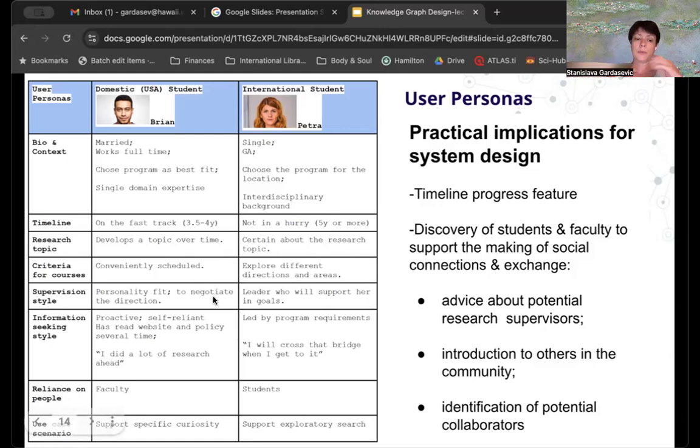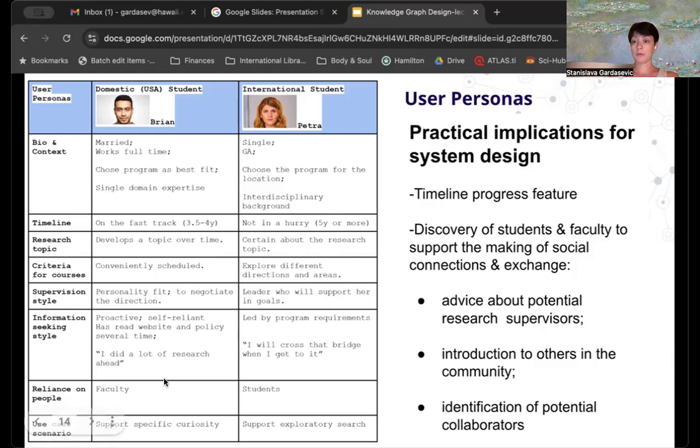But also it's a different way of how they look for a supervisor and how they seek information, where Brian is going to do a lot of information seeking ahead of time. He's proactive. He has read the policy and is self-reliant.